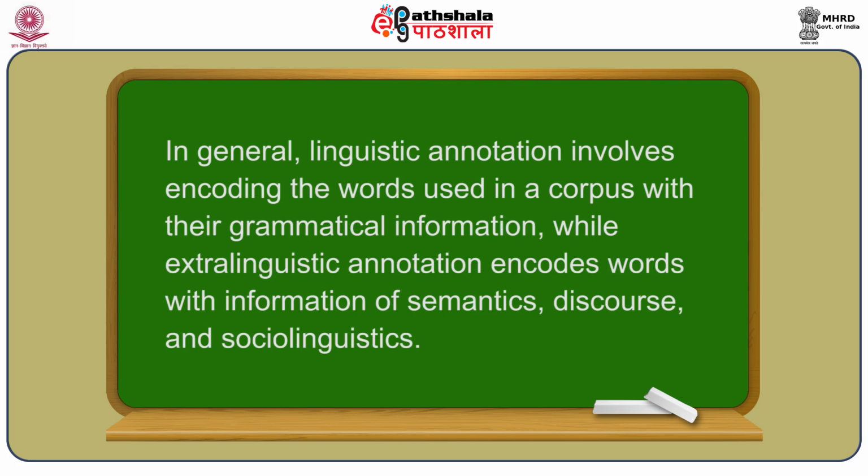So what we have decided here is that we'll try to highlight the major types of annotations and some of the salient features, so that we can have a very rudimentary idea of what it is all about, how it is done, what purpose it serves, and what kind of information can be extracted from those annotations.